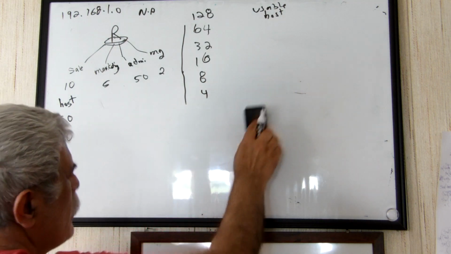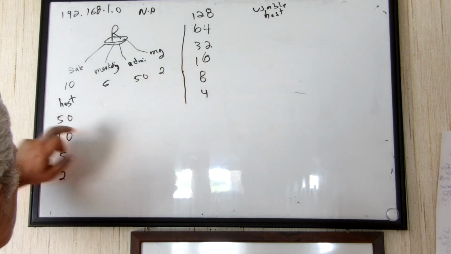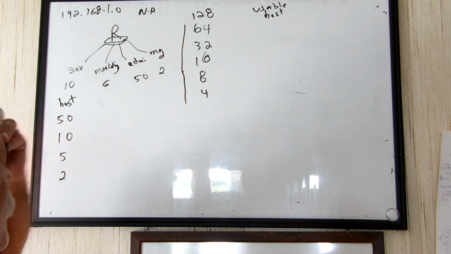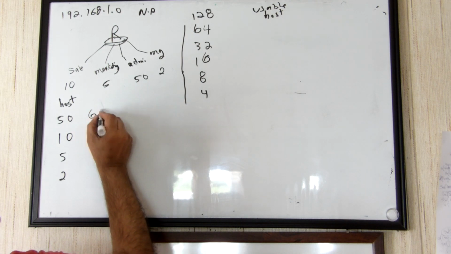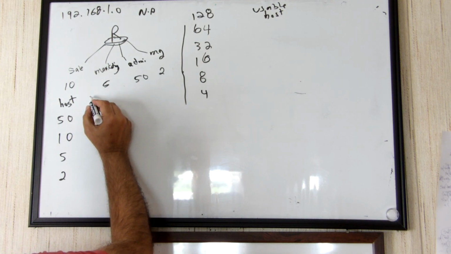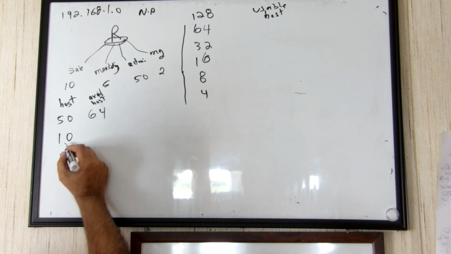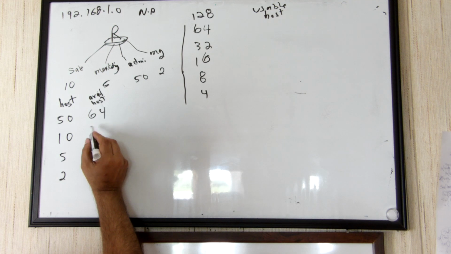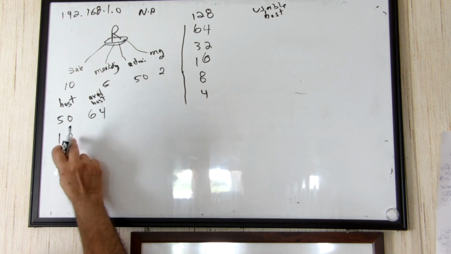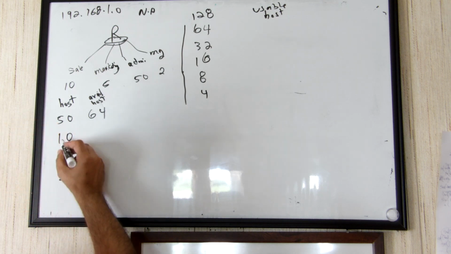So if we have 50 computers, we have to use 64. We cannot use 32, because 32 is less than 50. We don't want to use 128 because we don't need more than 64. So 64 hosts available. For this one, we cannot use 8 because we need at least 10, plus 2 for the broadcast ID and the subnet ID, making it 12.